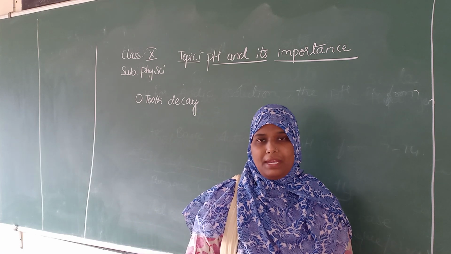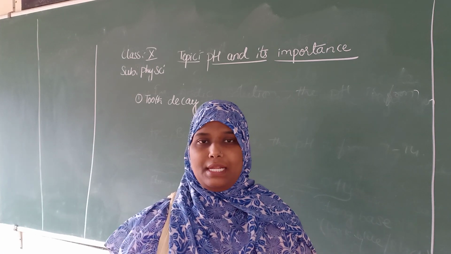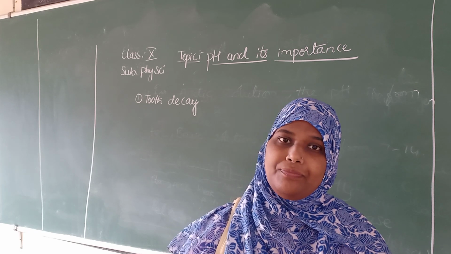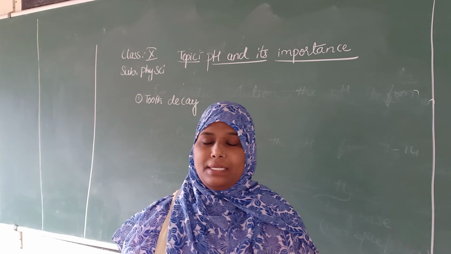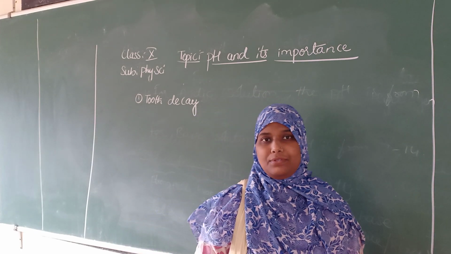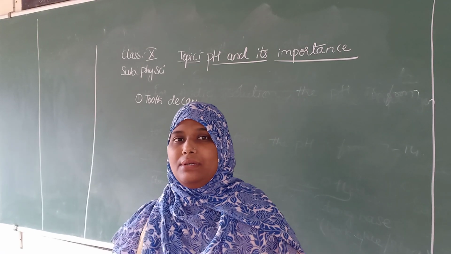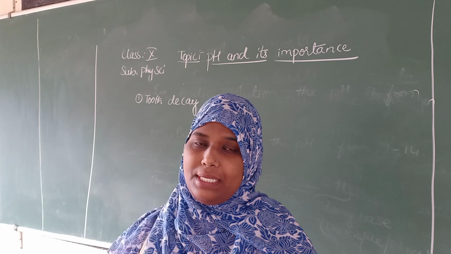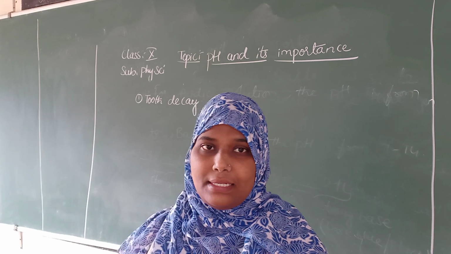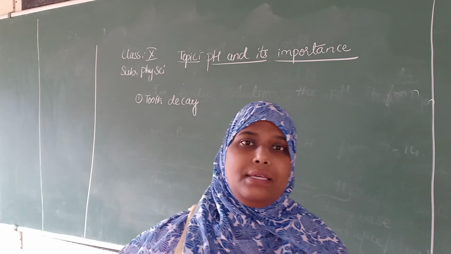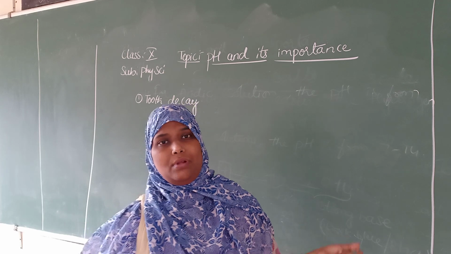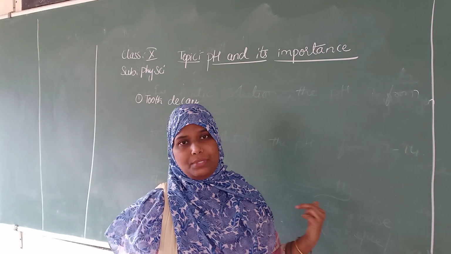They are made up of enamel, which is further made up of calcium phosphate. Enamel is the hardest substance of the body, and it doesn't dissolve in water. But whenever the pH of the mouth becomes acidic, the tooth enamel dissolves and it results in tooth decay.